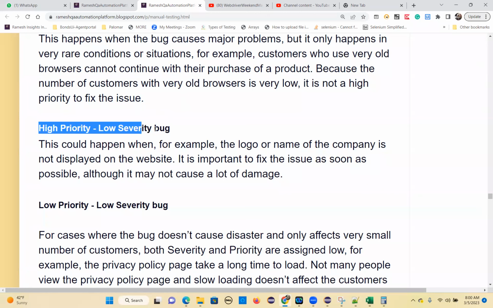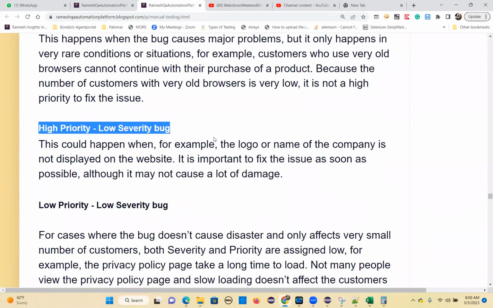So high priority, low severity bug. These are all usability issues, that too on the front page: the logo is not displaying, or in the logo there is a spelling mistake. Such kinds of scenarios, you will give high priority and low severity. Low severity, why? It's not functionality, it's a usability issue.